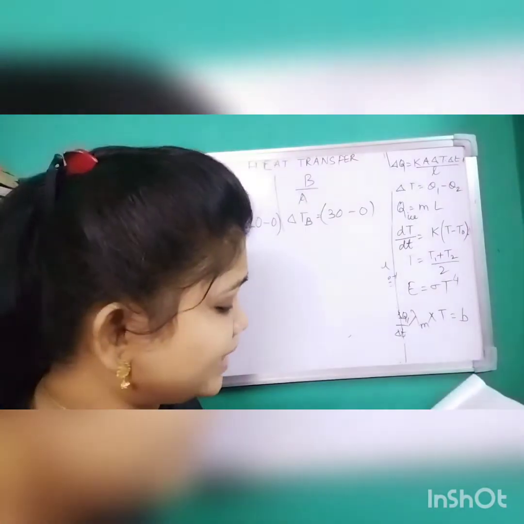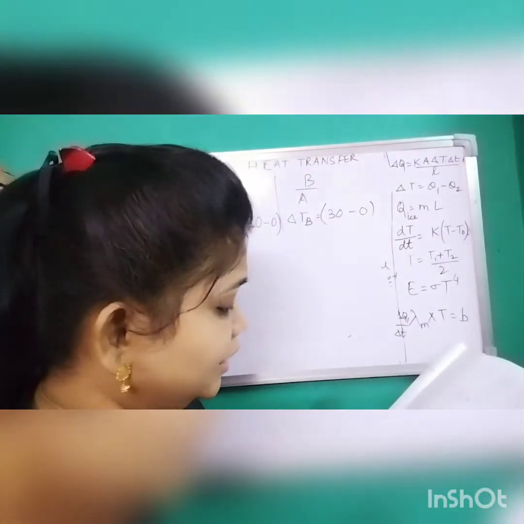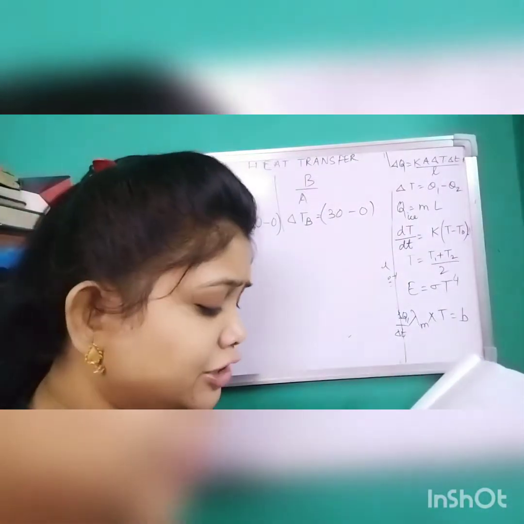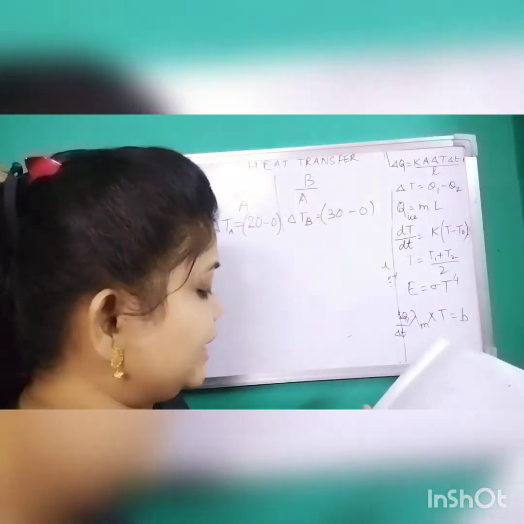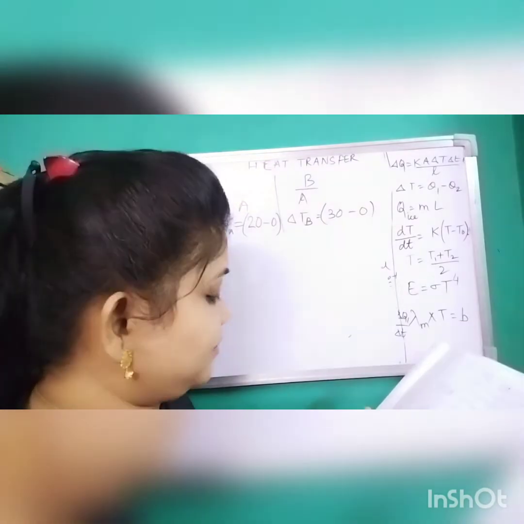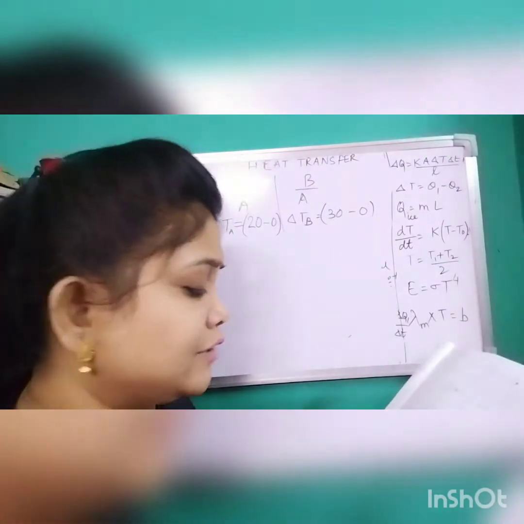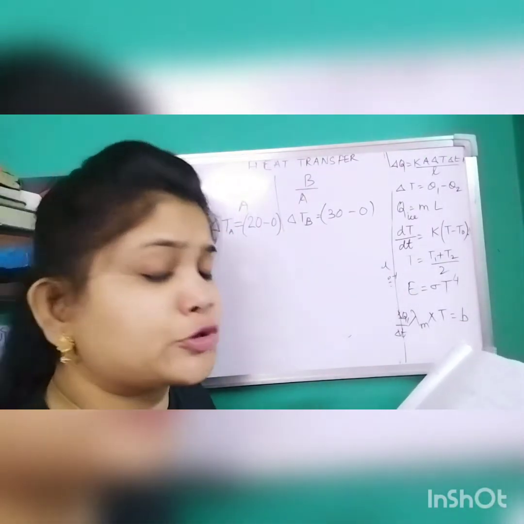Next, that is the first portion we have to solve. The next portion also they have told that their ends are at 20 and 10 degrees respectively, and the length of A is twice the length of B. That we will do afterwards. Let us solve the first part.